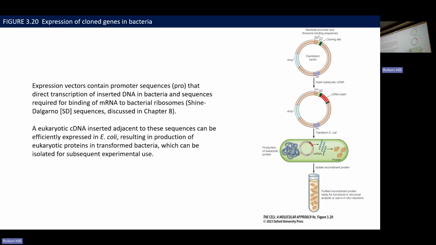It also has a promoter, which initiates the production of that mRNA, right? Transcription. All right, then we take our cDNA, which is possibly eukaryotic, we clone it in. Remember, we use DNA ligase to do that and restriction enzymes. And then we transform it in bacteria and it produces recombinant protein.